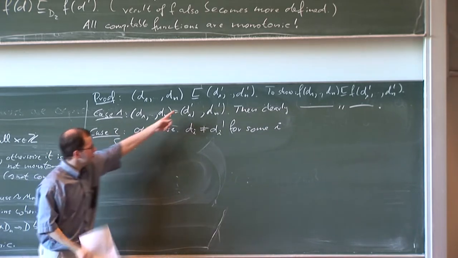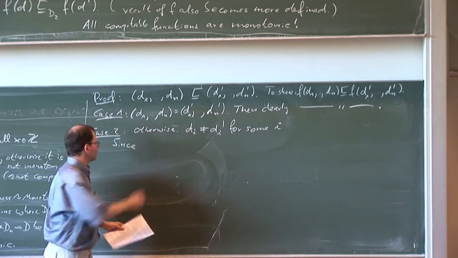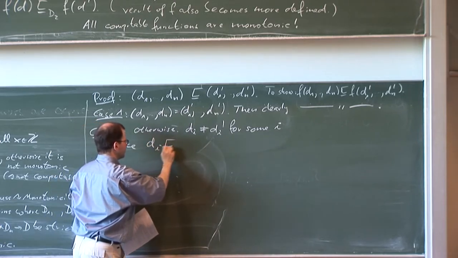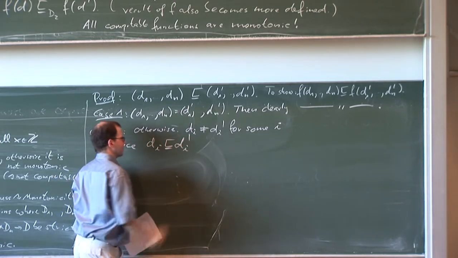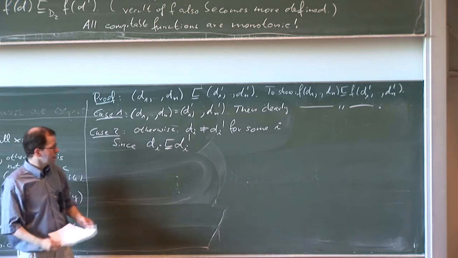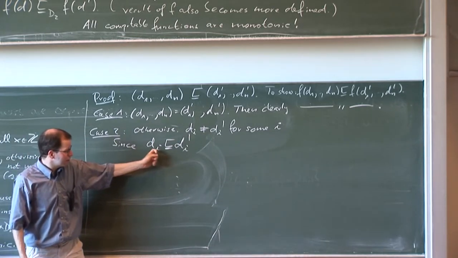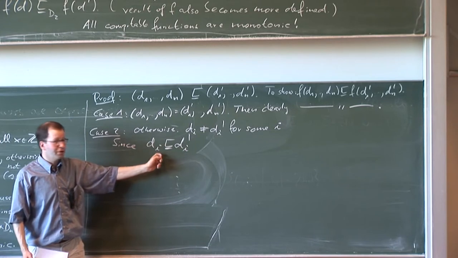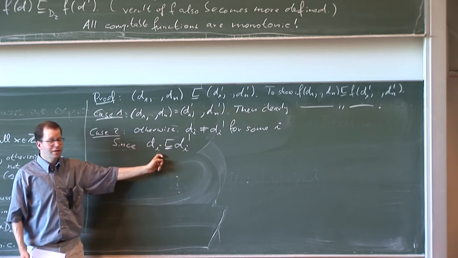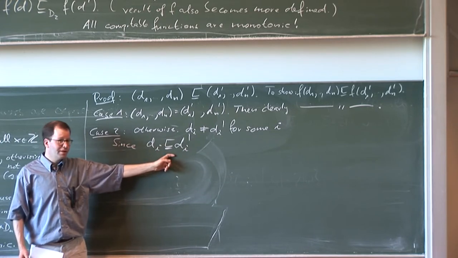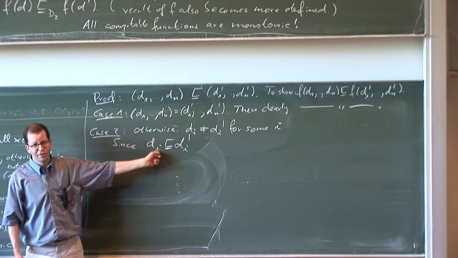And then therefore, since we know that this is defined component-wise, we know that di is less defined or equal than di prime. Now if di is less defined or equal than di prime, and if they are not equal, and we are in a flat domain, then we know how di looks like.